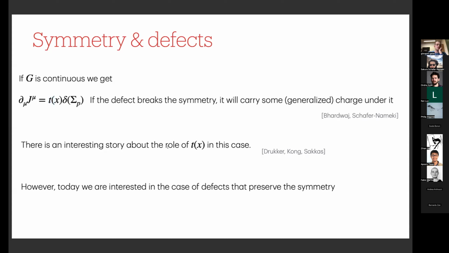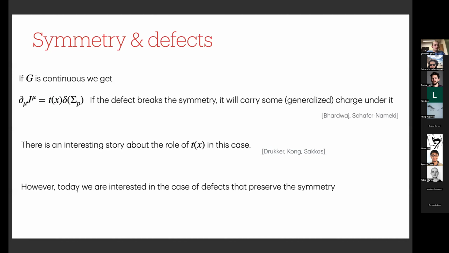In this situation, there is a very interesting story about the role of the tilt operator. Indeed, one can prove that this tilt operator has a protected dimension, and therefore it generates a conformal manifold in this set of operators, which is nicely described in this paper.